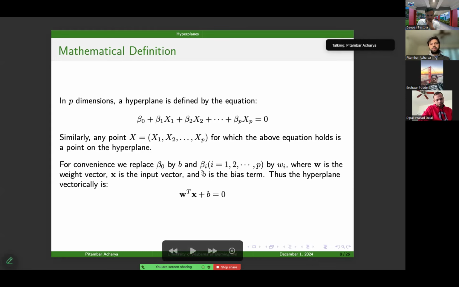Sometimes we have some kind of noise, and this is a scalar quantity. So the hyperplane in vector notation is the dot product w dot x, or in terms of matrix multiplication w transpose x. This is a scalar quantity, and we add b, which is a scalar, that equals 0. From here onwards, we use this notation to represent the hyperplane.